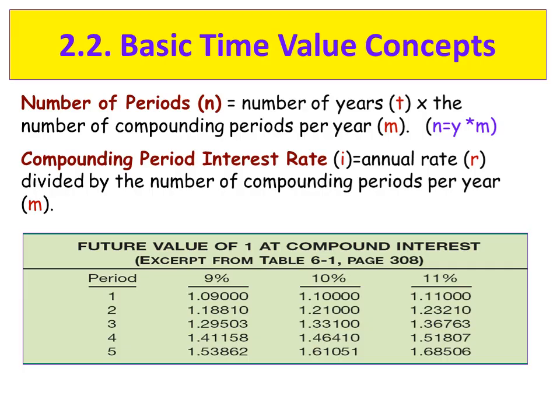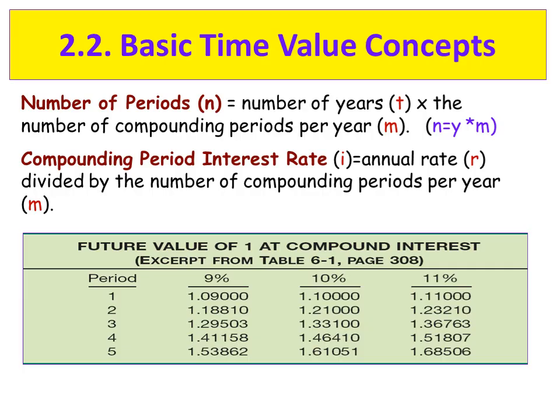1.0900. At 9% we get a future value of 1.0900. For 10% and 11% it is the same.